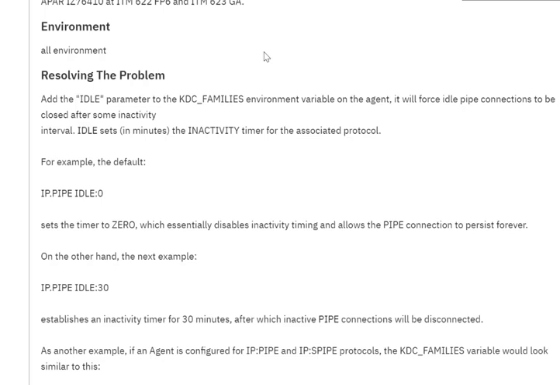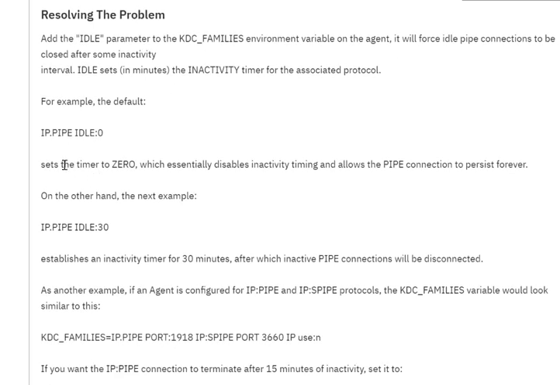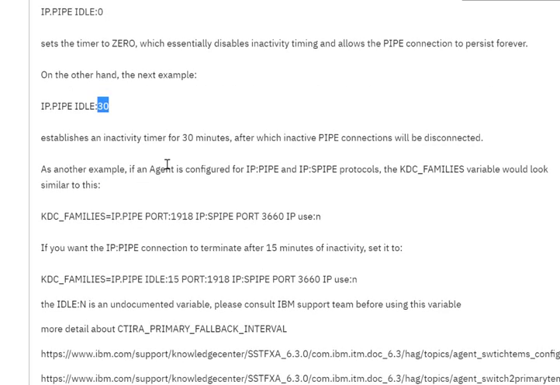So the way to resolve the problem is to add an idle parameter to the KDC_FAMILIES environment variable on the agent, and that's how you will force the idle pipe connections to be closed after some inactivity. So for example, if you put idle:0, it will set the timer to 0, which will essentially let the pipe connection persist forever.